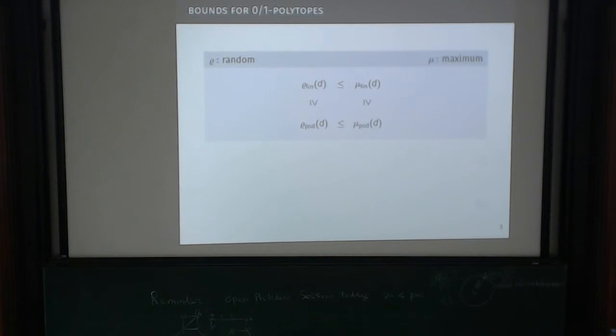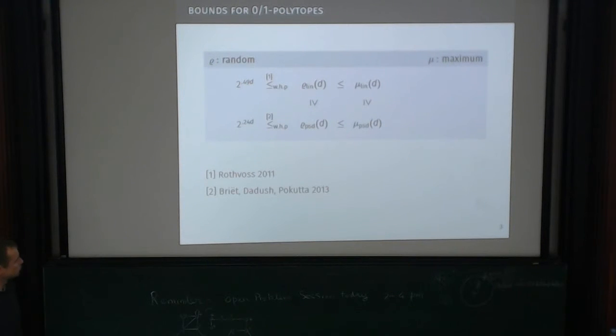And here's what is known about these numbers. Thomas Rothvoss showed in 2011 that the linear extension complexity of a random d-dimensional 0,1 polytope is bounded from below with very high probability by 2 to the 0.49 times d. So 0.49 you can replace by every constant which is less than 1/2.